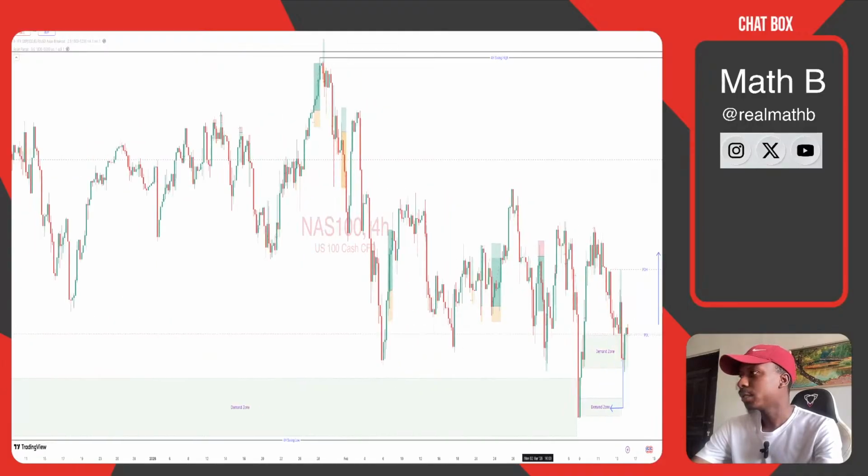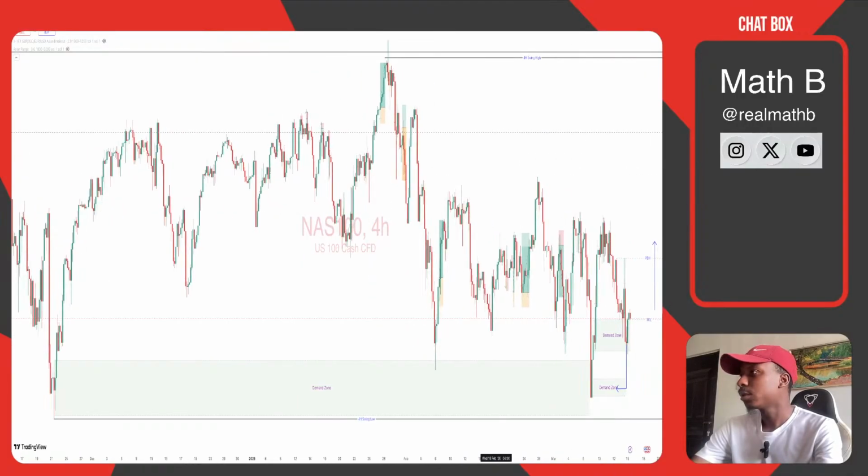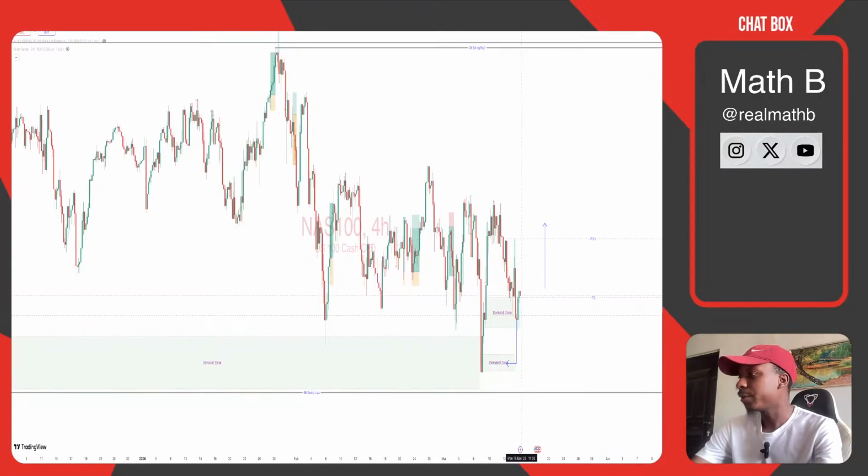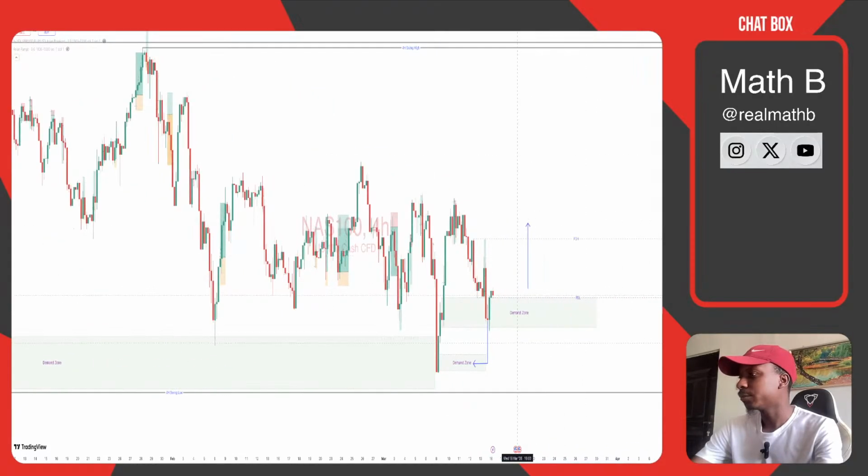Okay, and what we can see on the 4 hour right now, NASDAQ is in a potential, let's call it demand area, right? And it has even taken liquidity of that level, because you see there's an institution candle here, or a decisive candle, and then there's a pivot candle over here before the price continued moving upward. So this area is an area of interest, because price was having a hard time moving over here.